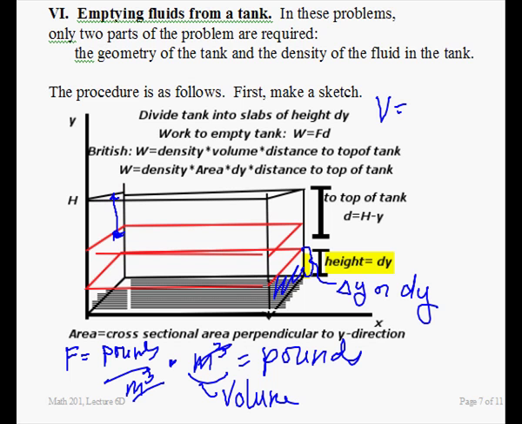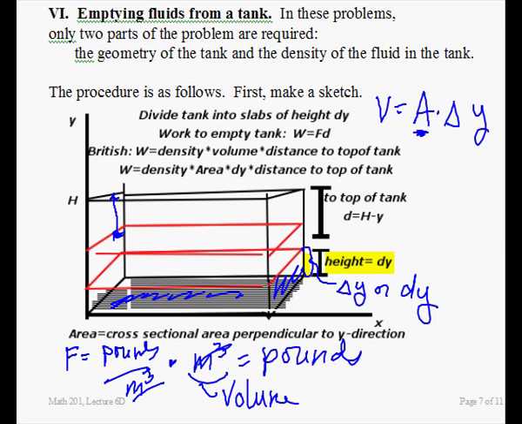The volume is going to be the cross-sectional area, that's the area shown like this, times delta y. That gives me the height of this little section. So we need the cross-sectional area of the tank. In a square tank, it'd be length times width. If you had a circular tank, it'd be pi r squared.